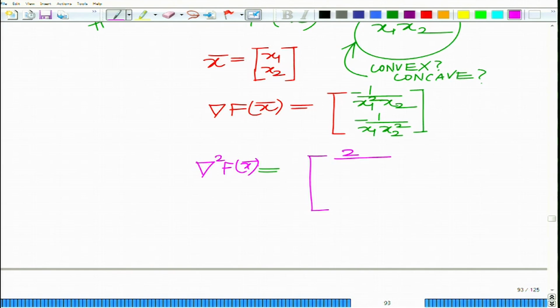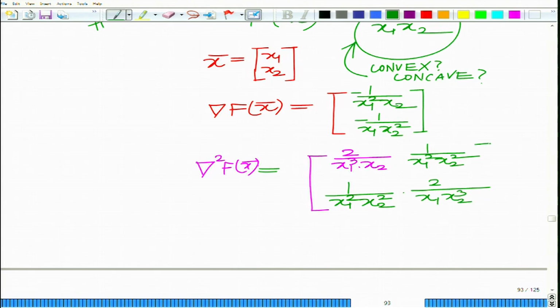That will be 2 over x1 cube x2. Now differentiate the first element with respect to x2. This will be 1 over x1 square x2 square, and by symmetry, this element will also be 1 over x1 square x2 square. The 2 cross 2 element will be 2 over x1 x2 cube.